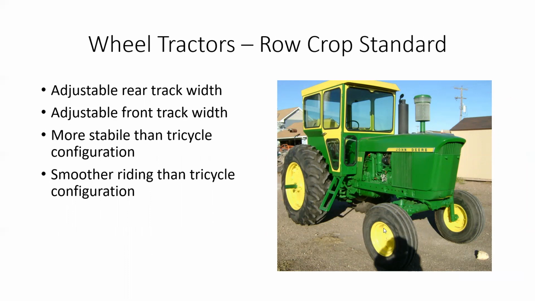If you're going to have a wide front end on a row crop tractor, you're going to have to be able to adjust this width as well as the back to make it fit down the row crops. Standard width tractors are more stable than tricycles, and they ride a little bit smoother as well. So pretty much nowadays, a row crop tractor is a row crop standard. They don't really make tricycle tractors anymore, but there's still a lot of them out there.